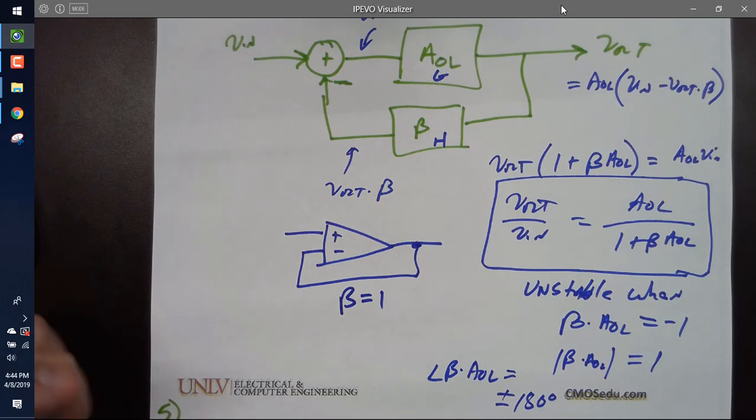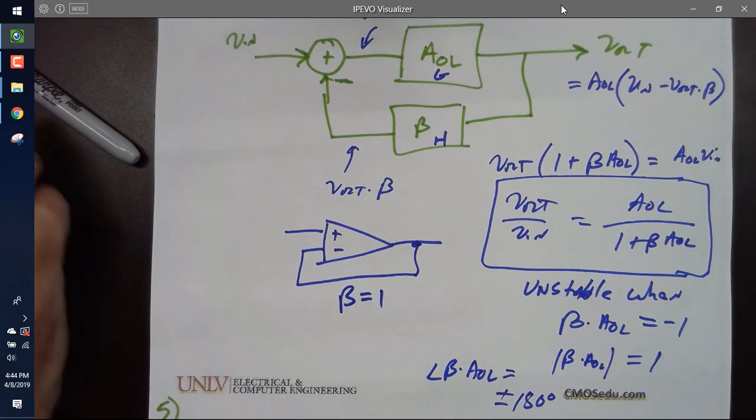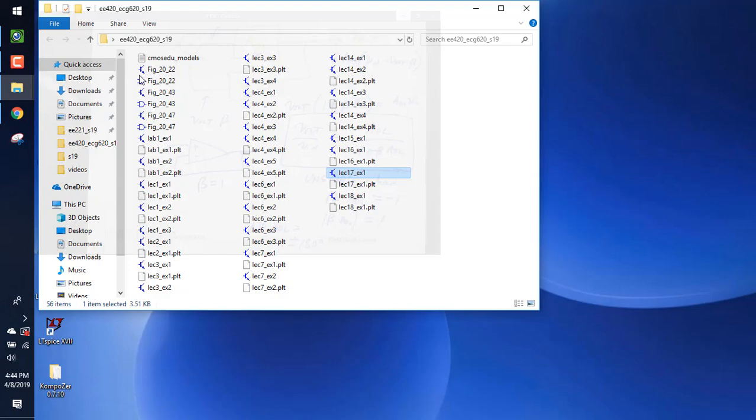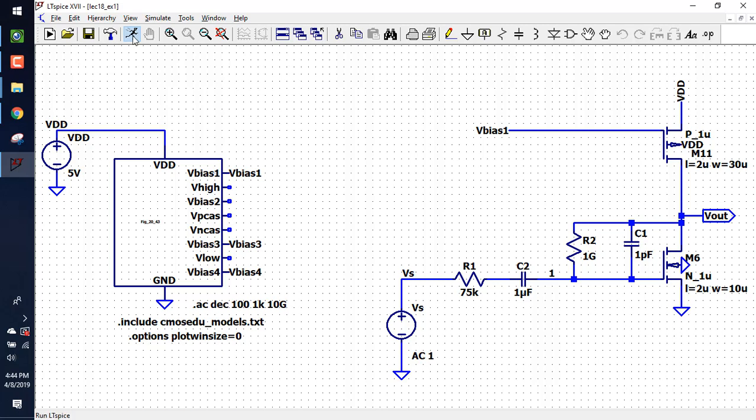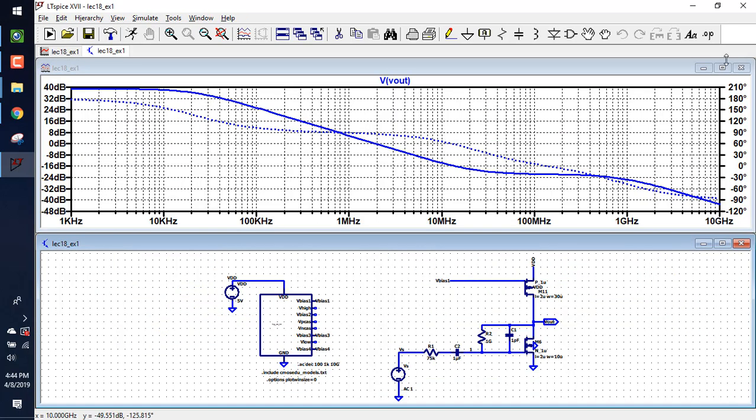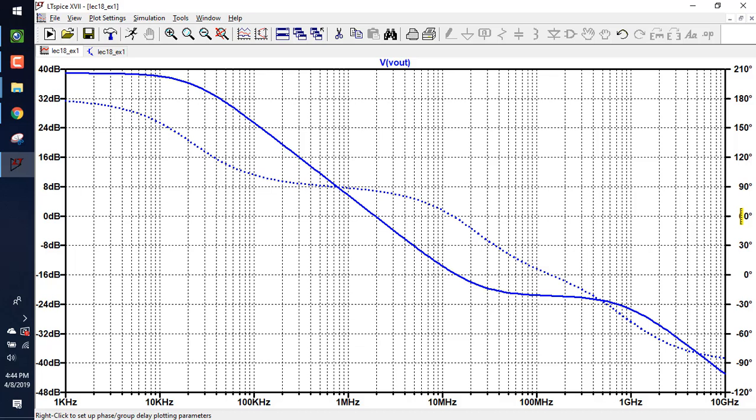And so I don't want to change by 180 degrees like I saw in my simulation, because it's a little harder with a one transistor simple amplifier, but if I get to where my gain is 1 close to where the phase shift is 180, then I'm going to be unstable. Does everybody follow that? Okay.